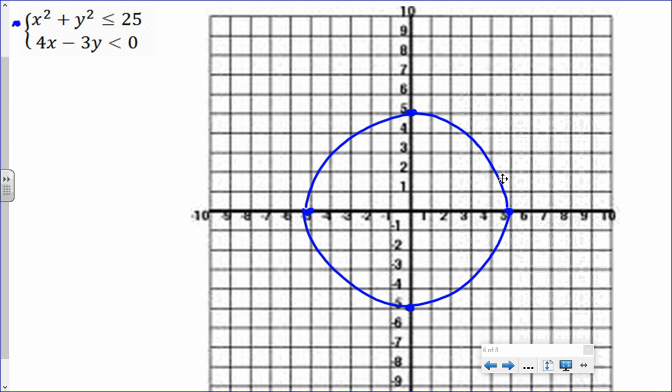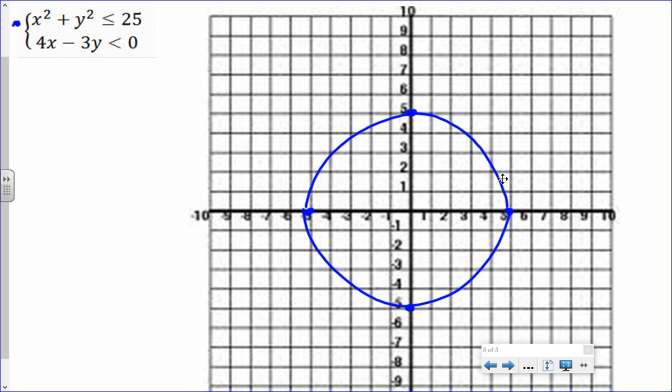Now, some of you are talking about different ways to determine where to shade your inequality. Since we're going to get into some inequalities that are not always linear, I think the most fail-safe way to determine shading would be to pick a point.